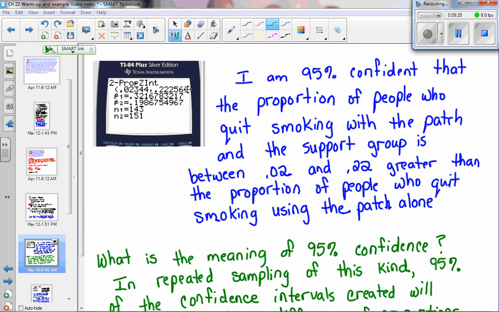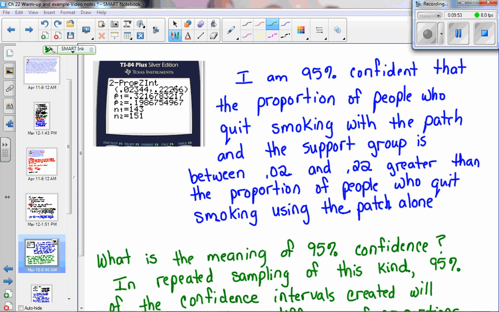Now in this case, all my values were positive. Remember how this was calculated? We subtracted the proportion with the support group minus the proportion that didn't use the support group. So sometimes when you subtract those two values, you'll end up crossing over 0. And when you find 0 in your confidence interval, that means there may have been no difference between the two proportions. So typically you're looking for 0.